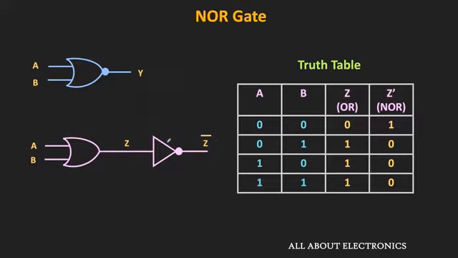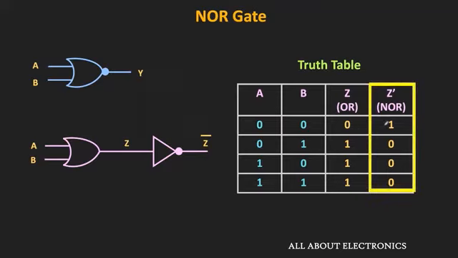Now we have already seen the truth table of the 2 input OR gate, and we have seen that when any of the 2 inputs is high, in that case the output of the OR gate will be equal to high, and only when both the inputs are logic 0, the output will be equal to logic 0. Now when this output Z is passed through the NOT gate, it will get inverted. So all the 1s will become 0 and all the 0s will become 1.